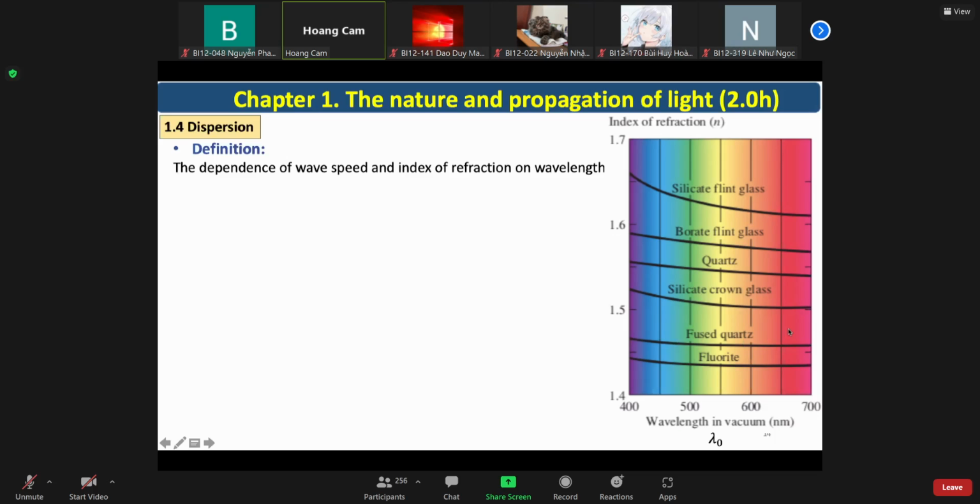It is also a nice illustration in which they draw the colors corresponding to the wavelengths in vacuum here. Violet is around 400, blue, green around 500, yellow around 550, and then orange around 60 something, and from 650 on we have the red color. So you see a very nice illustration for that.